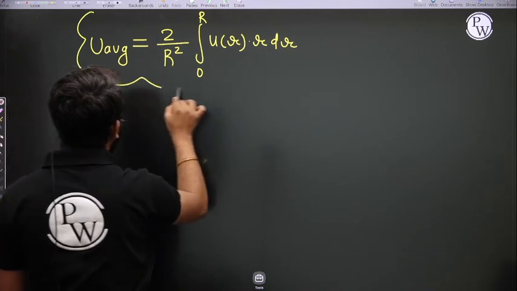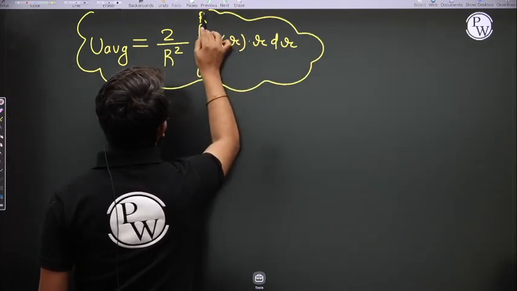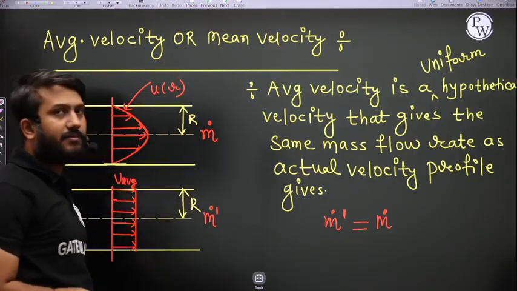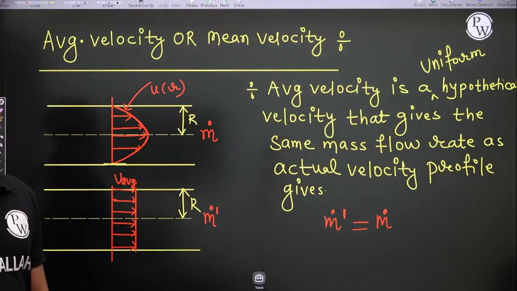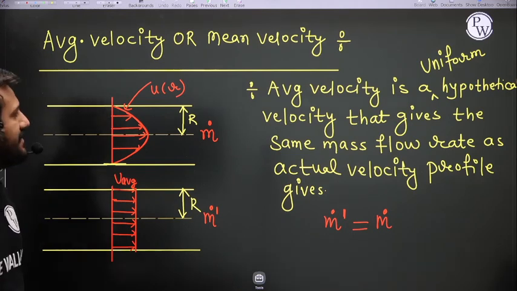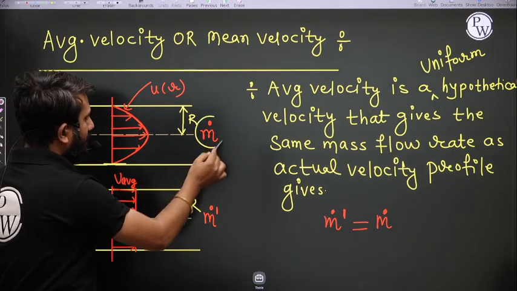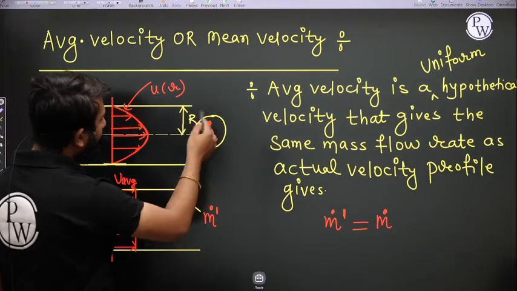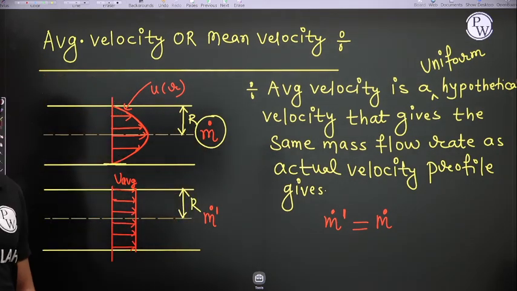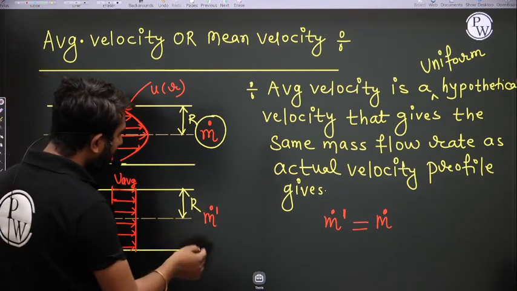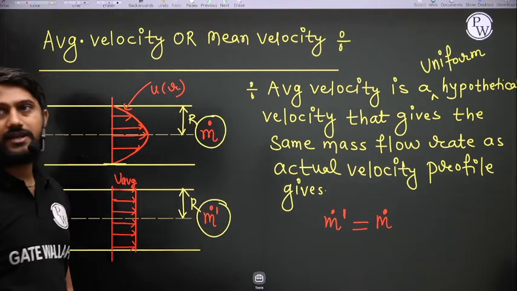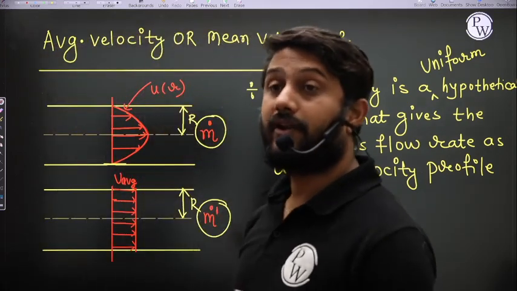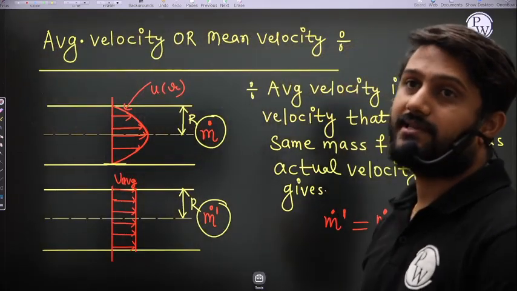And from where does this mathematical expression come? It comes when you equate the mass flow rate calculated by considering the variation of the velocity with the mass flow rate calculated by considering the average velocity.